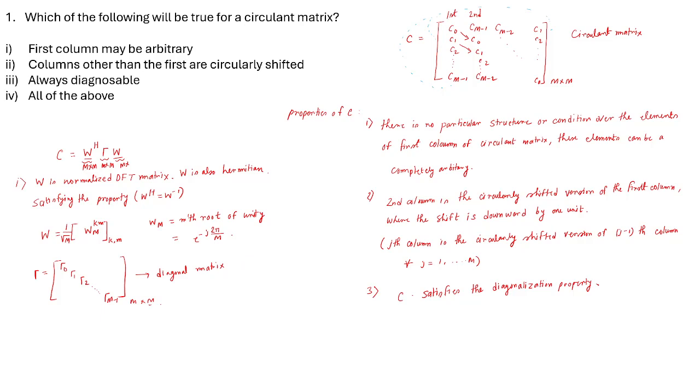There is also one important relation between these elements of capital gamma, denoted as gamma naught, gamma 1, gamma 2, and the normalized DFT matrix. I mean, not exactly W, it's the elements of C, which are given as C naught up to C m minus 1. That is, these gamma m's are the DFT of the elements of this circulant matrix C. The elements of the circulant matrix are C naught, C1 up to C m minus 1, and you can obtain gamma m by taking the DFT of these elements.